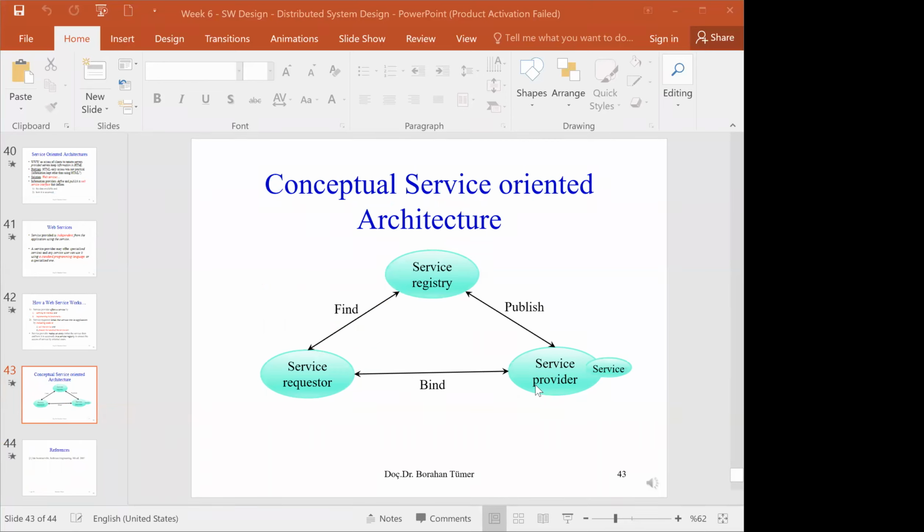The service provider makes an entry through the service registry, and the service requester sees through the service registry what the service it is interested in is given by the service provider, and it is directly bound to the service provider by binding it in its code and taking the necessary results from the service and uses it in its own application.